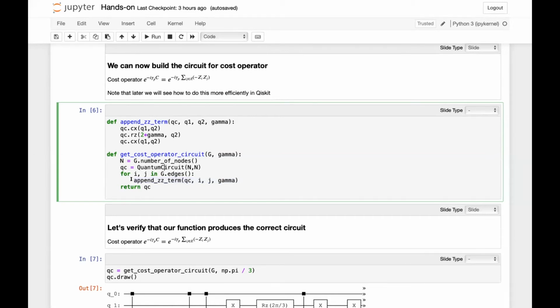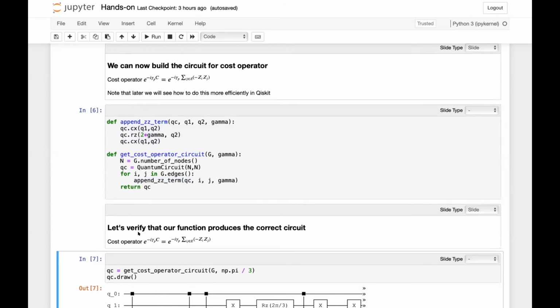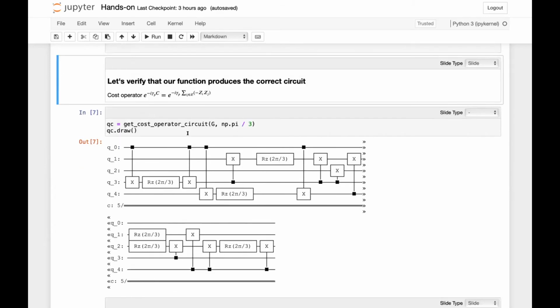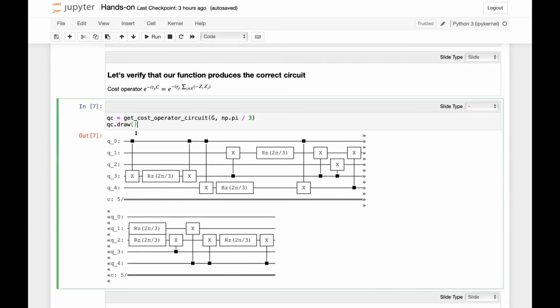The circuit to implement each ZiZj term is simply CNOT, RZ, CNOT, as we talked about before. Now we can take this function and check that it indeed produces the correct circuit. And we do get the correct circuit: CNOT, RZ, CNOT, CNOT, RZ, CNOT, CNOT, RZ, CNOT, and so on for each edge in our graph. And this is the circuit for our cost operator.